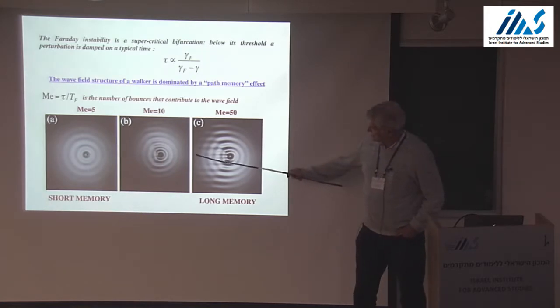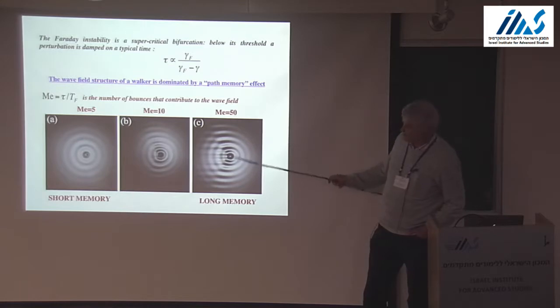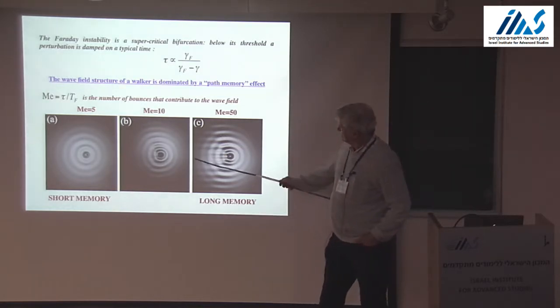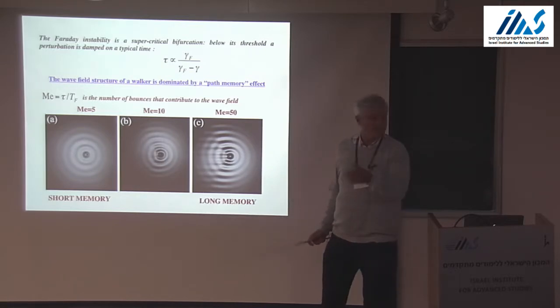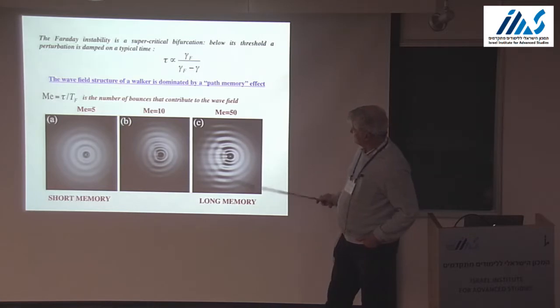In contrast, when you are near the Faraday instability threshold, you are in a situation which we call long memory, which means that you have to take into account the waves emitted in the last 50 bounces to compute this field. And as you see, it has a more complex structure.